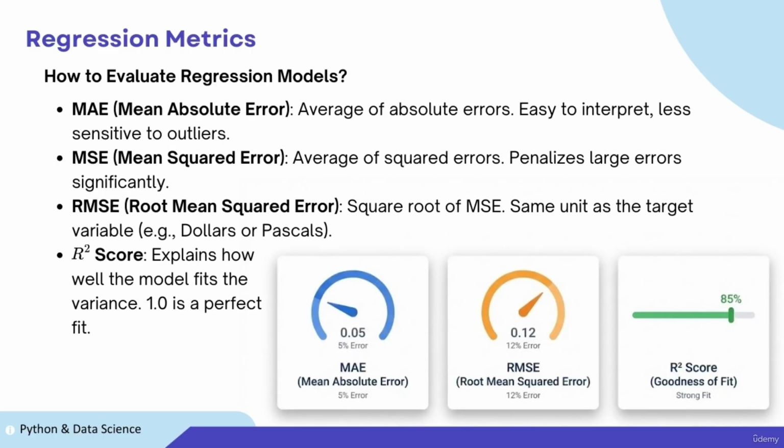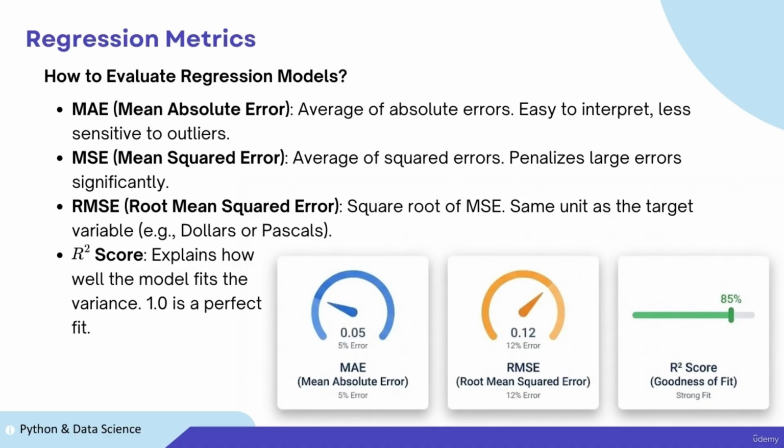How do we know if our regression model is good? We use three key metrics. First, MAE, or mean absolute error. This is simply the average of our mistakes. It's easy to interpret. Second, RMSE, or root mean squared error. This penalizes large errors.